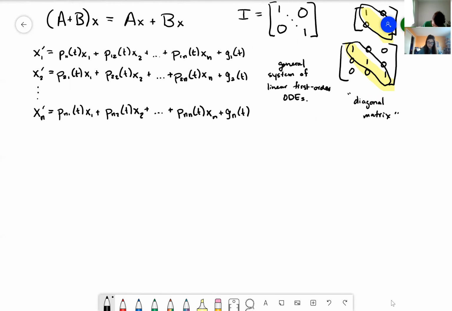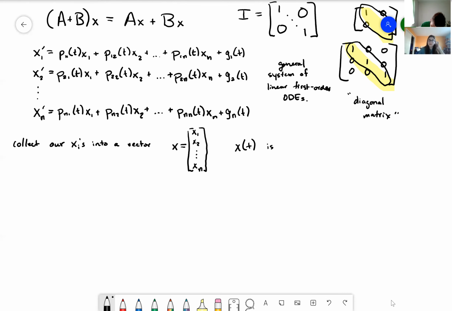Now, if we collect together all of our xi's into a vector, we'll call that vector x, and it will be x1, x2, all the way down to xn. So we can think of x of t as we just plug in t for each of the components and we get the value of that component.